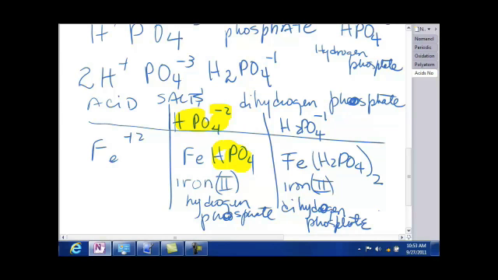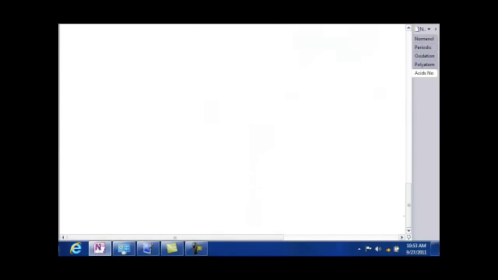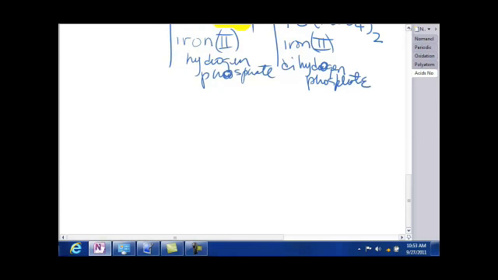Zinc hydrogen sulfite. Okay, so this is the way it comes. Zinc hydrogen sulfite. So you're thinking sulfate is SO4. This is your thoughts.